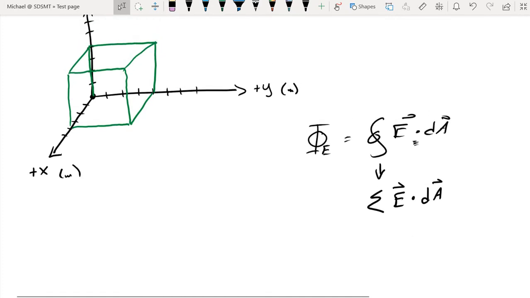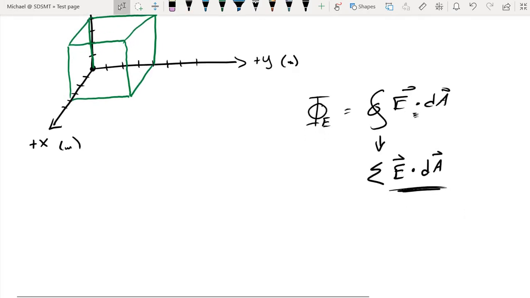The reason I'd rather write it in this fashion is because I have 6 independent faces of this cube that I can treat with the dot product method, and then once I find the electric flux that passes through all 6 faces, I can just add them all up, because those dot products are going to produce scalars.